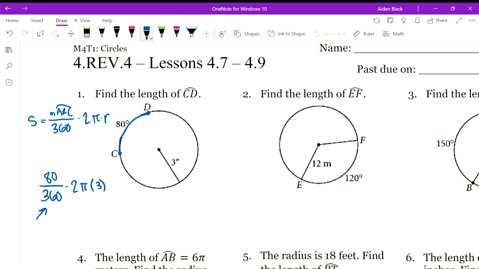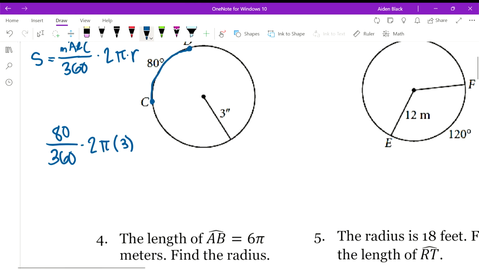So we can simplify this. I always suggest that you simplify the ratio as soon as you can. So 80 over 360 reduces down, if you divide the top and bottom by 40, to 2/9. And 3 times 2 is 6.